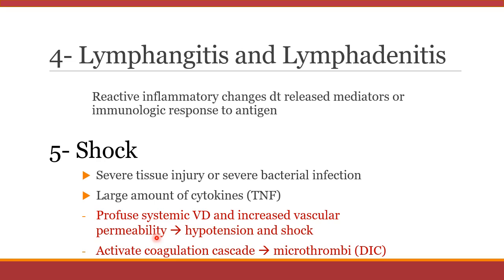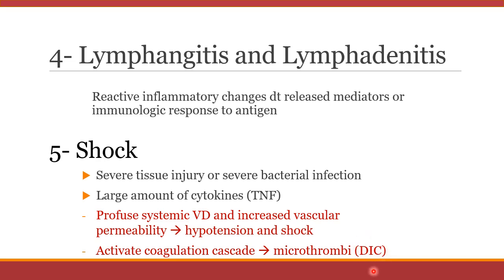At the same time, these cytokines, in one way or another, can activate the coagulation cascade. So they lead to extensive microthrombi in the whole body circulation, in the small circulation. This will lead to a condition called Disseminated Intravascular Coagulopathy, or DIC. So what is DIC?